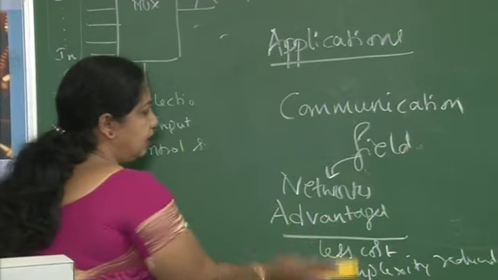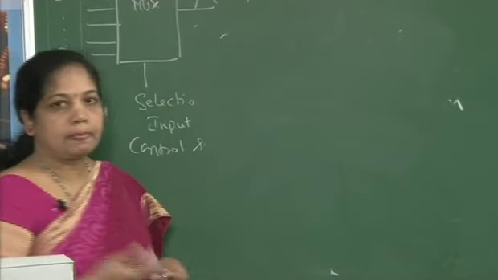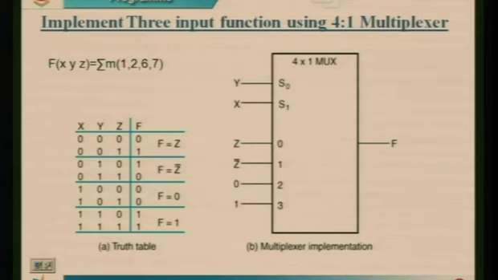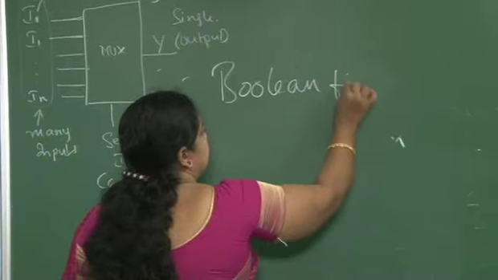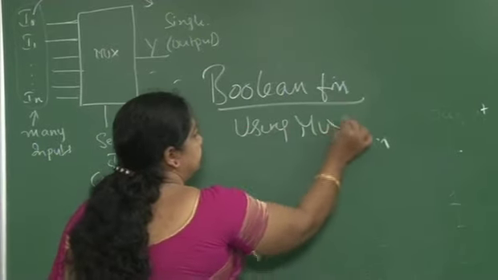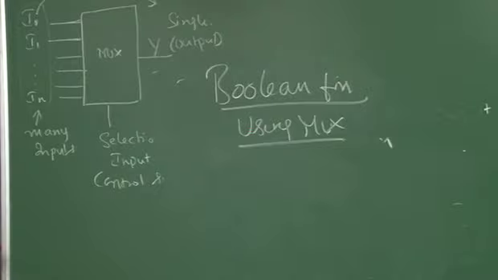Now let us start building. I'll take up an example of one application: implementing a Boolean function using a multiplexer. You can see the example over here.